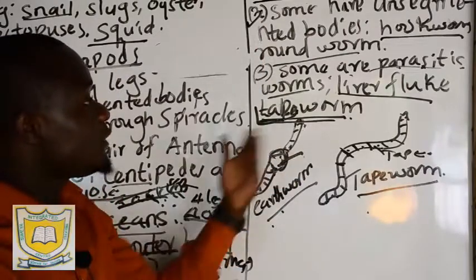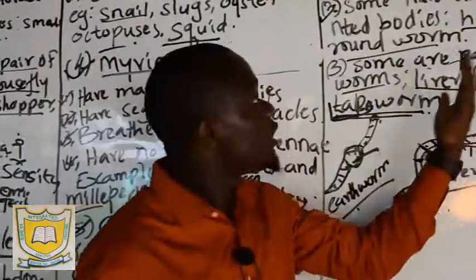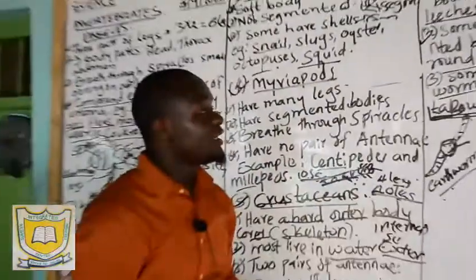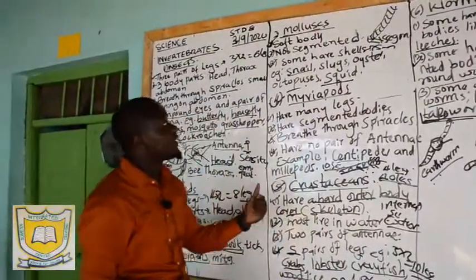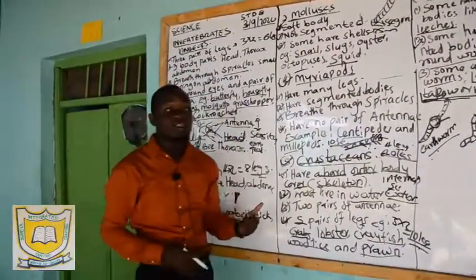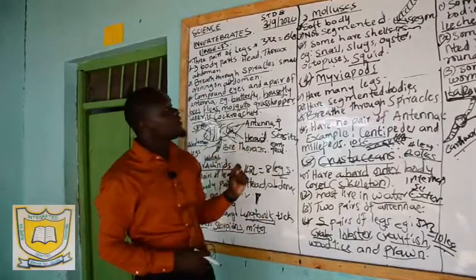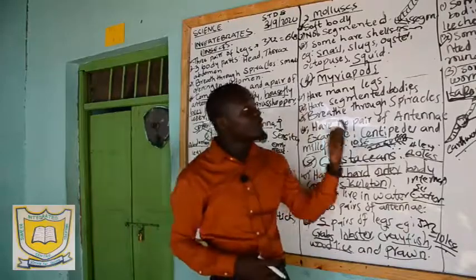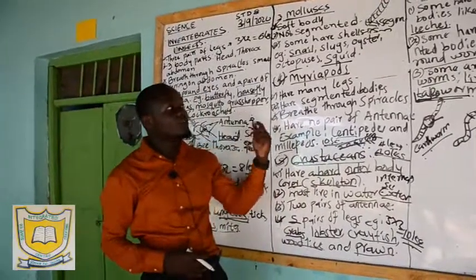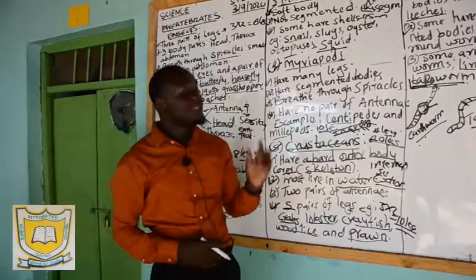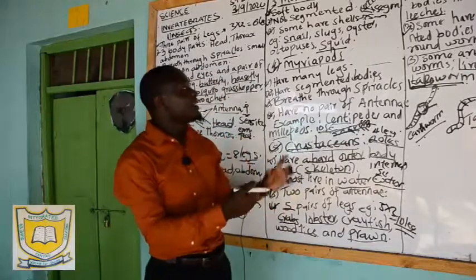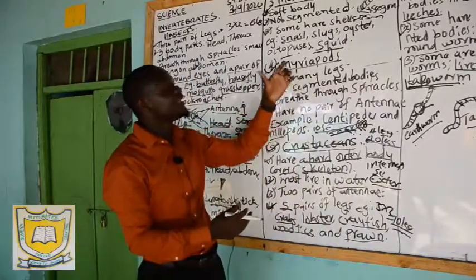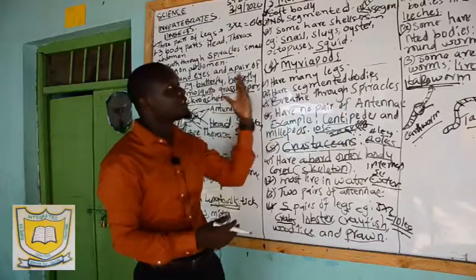Now, this is all about today's discussion, and all about the discussion of invertebrates, and this brings us to an end of the classification of these animals. The only thing that you have to do is understand the characteristics of all vertebrates, the characteristics of all invertebrates, and also differentiate the characteristics of myriapods and the characteristics of either insects or worms.